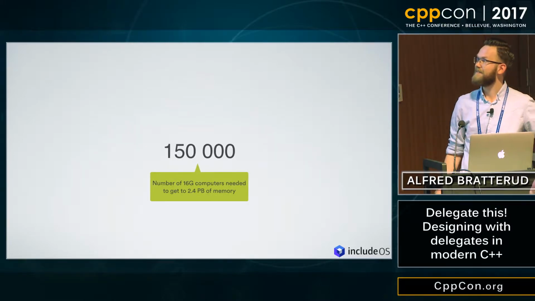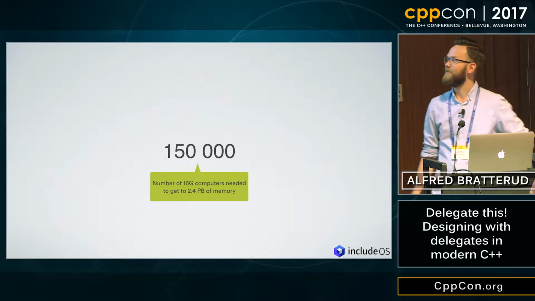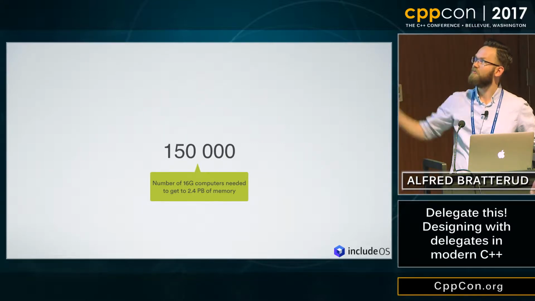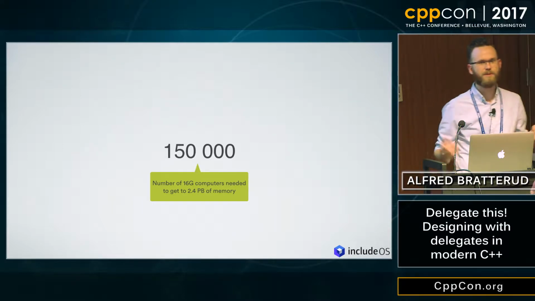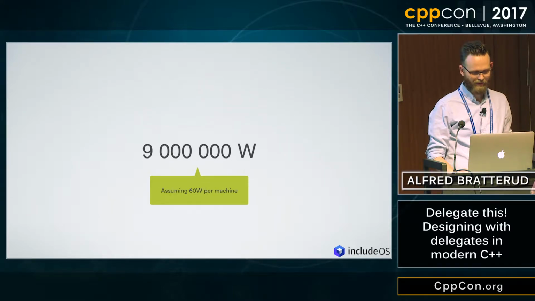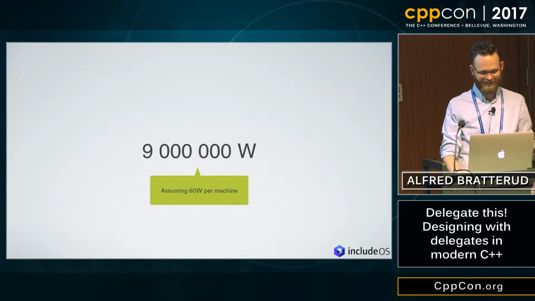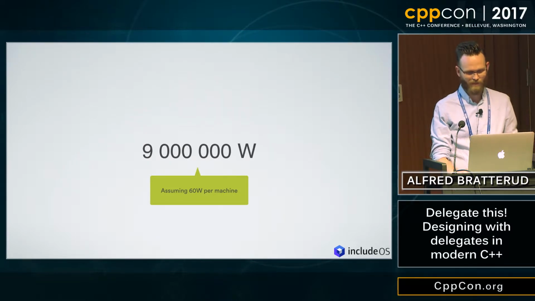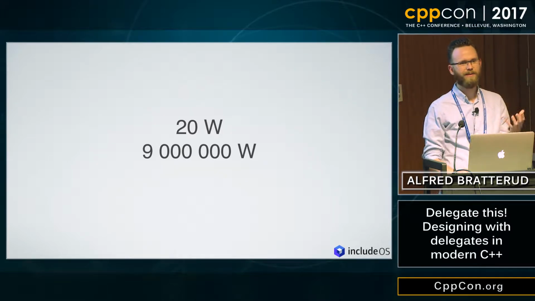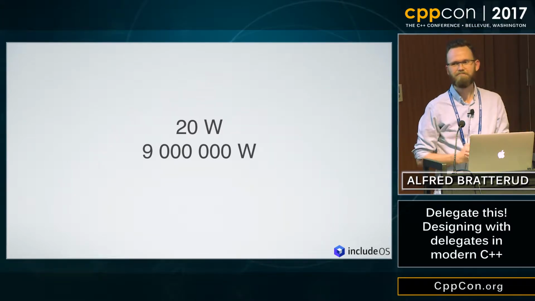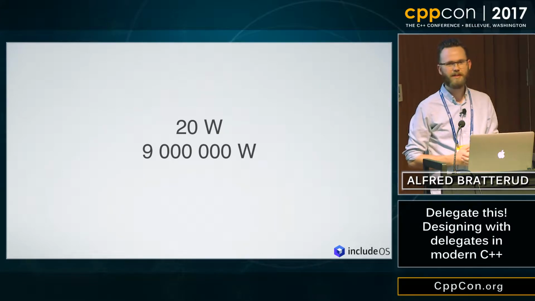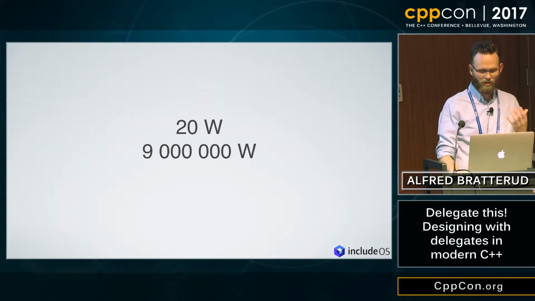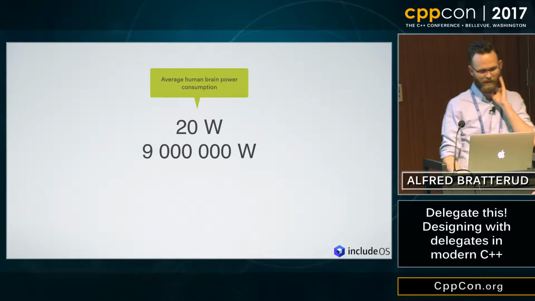If you had 16 gigabyte computers, you would need 150,000 of these computers to store those neurons. That would amount to approximately 9 billion watts, but the human brain uses only 20 watts. I just thought that's quite interesting in case you were considering making a human brain with these little techniques that I've shown you. So I don't think that's viable.